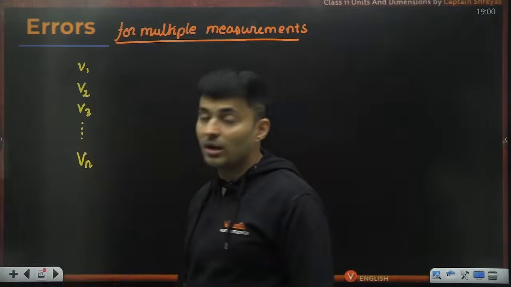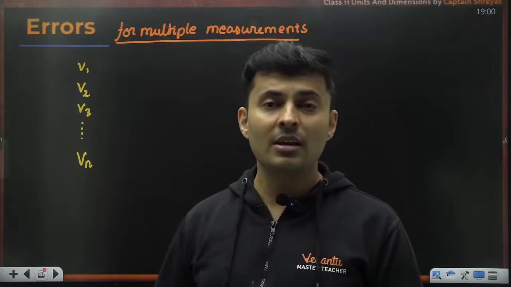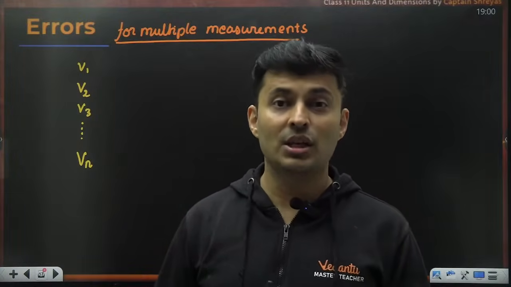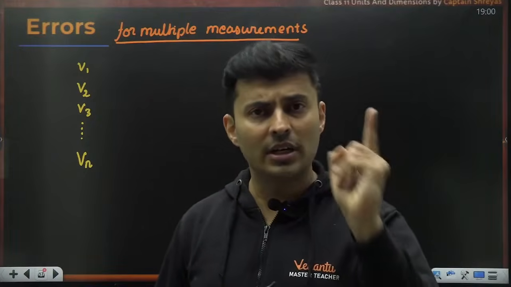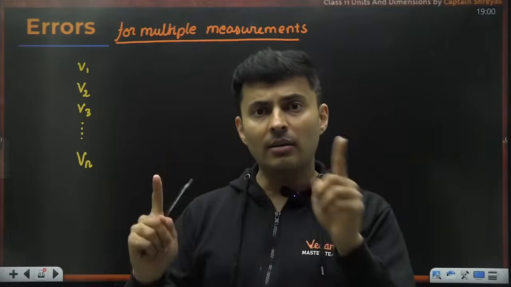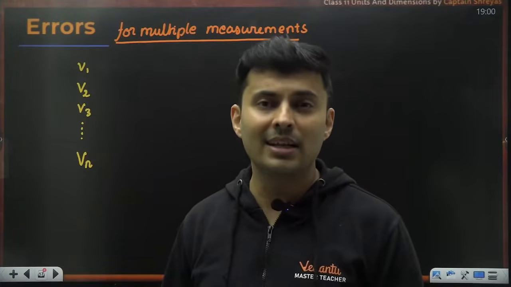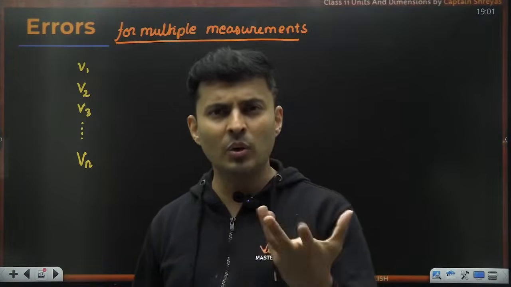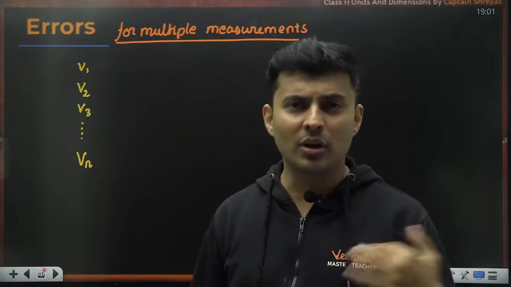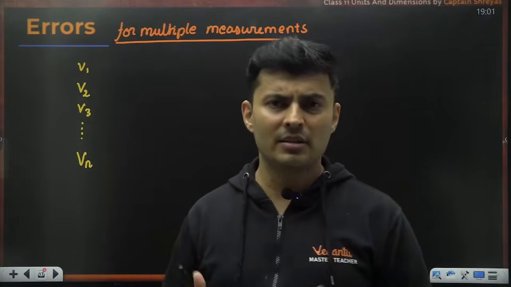You might have seen this in your labs or in your practical classes also. The teacher will not trust you alone. They will ask, hey, a group of 5 students, everybody measure it independently. Don't talk to each other, and independently you give me the values. We will take the average of the readings. Why that average is taken? Because you don't trust the people, or you are not really sure who has done a mistake, or some random errors would have kicked in.